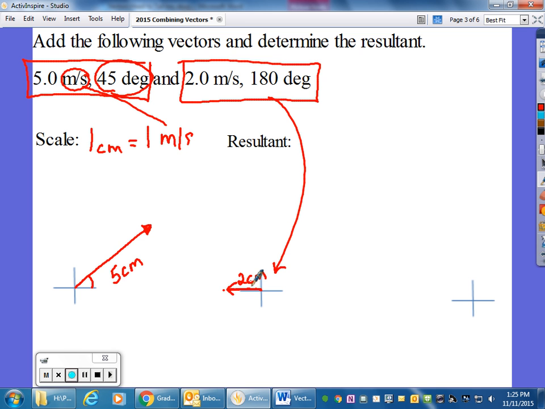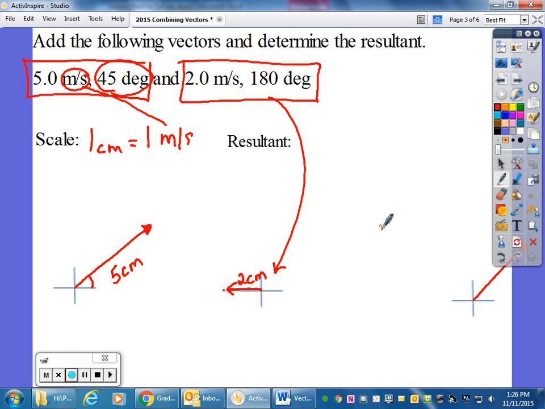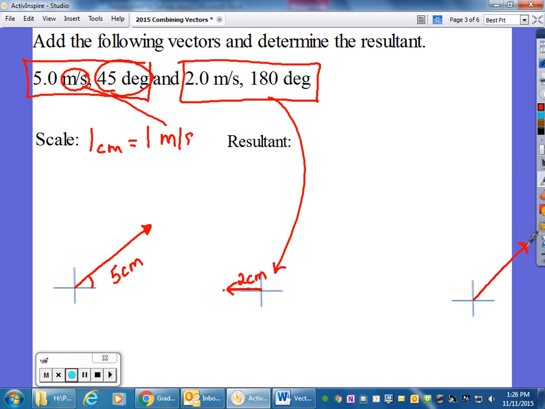I'll draw the 5 centimeter one, and I'm just going to kind of freehand it a little bit here. And then where the 5 centimeter one ends, the 2 centimeter one starts. And then I connect this, and I draw the 2 centimeter one across this way.